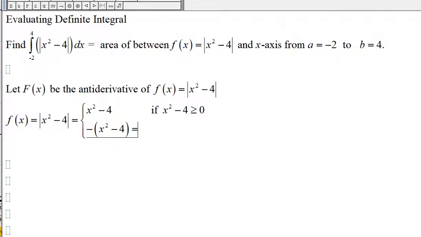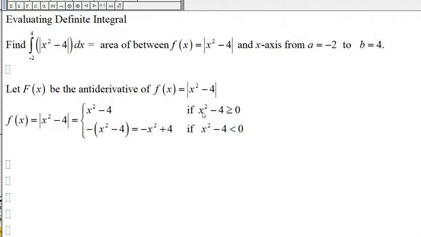And let's go ahead and simplify this. This is negative x squared plus 4, if x squared minus 4 is less than 0. And so this is by definition of absolute value.